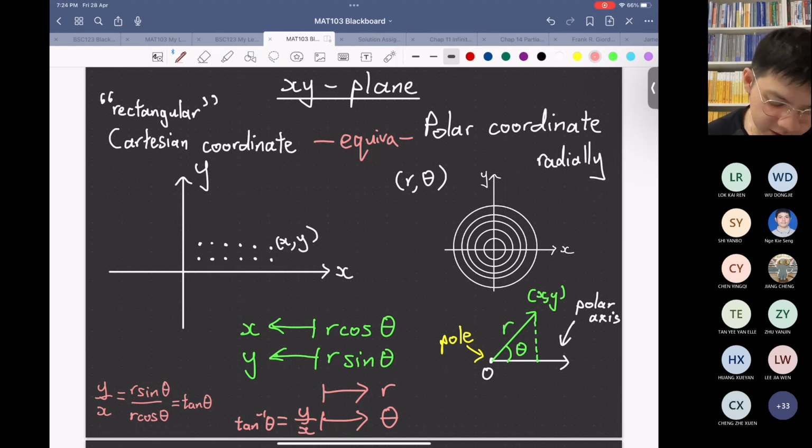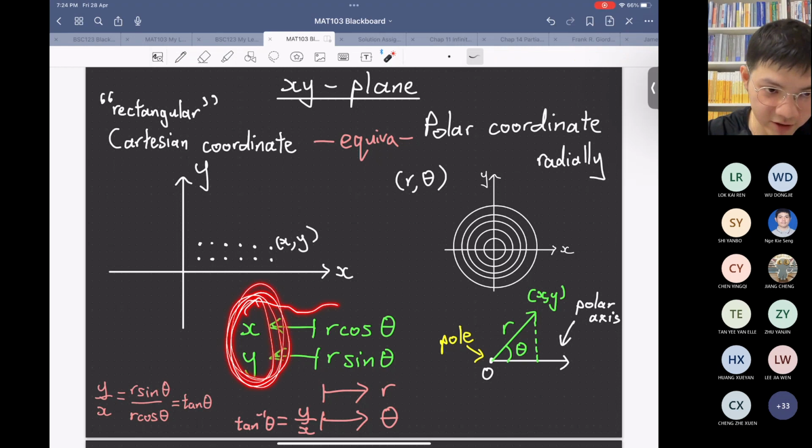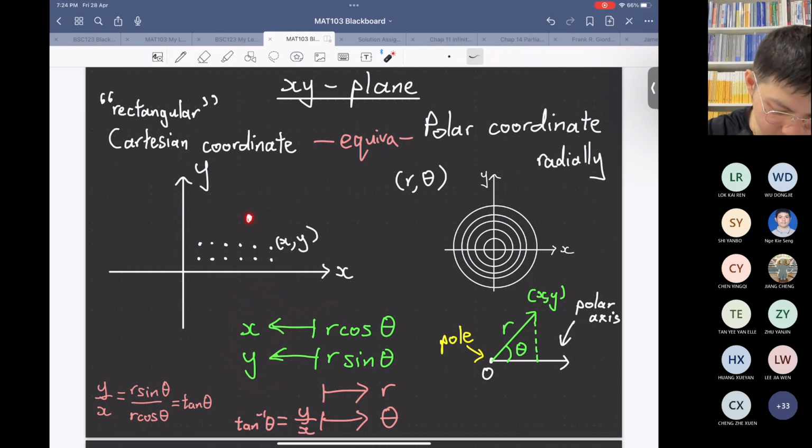So these x and y have to lie on a circle, right? What circle does (x, y) have to lie on? What kind of circle? So I give you a point (x, y).